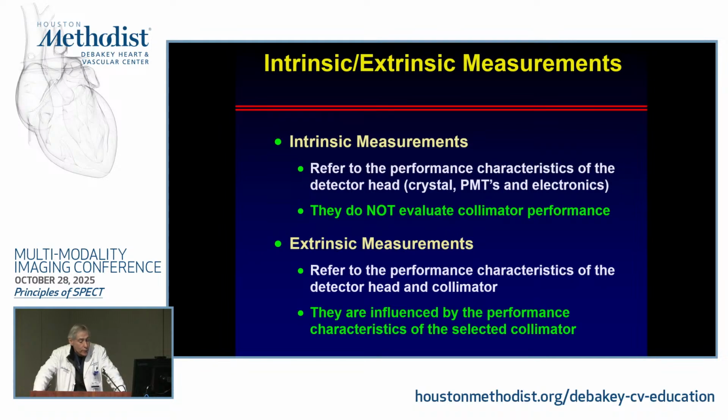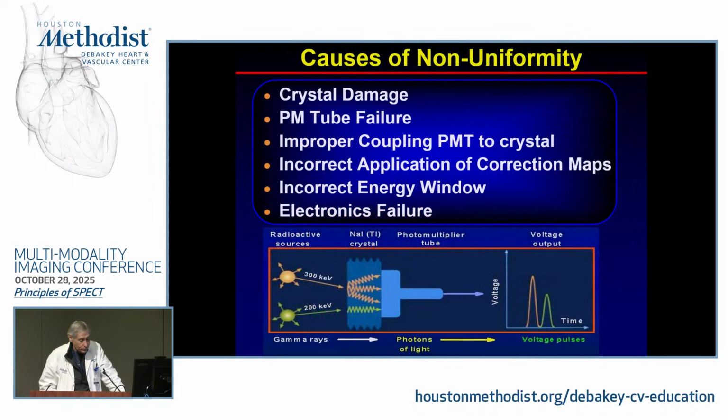One is intrinsic, and this is just basically imaging the sodium iodide crystal without the collimator. And we do also extrinsic measurements, which measure the quality of the collimator as well as all the electronics. So we do two types of different measurements to evaluate and to quality assure our instrumentation.